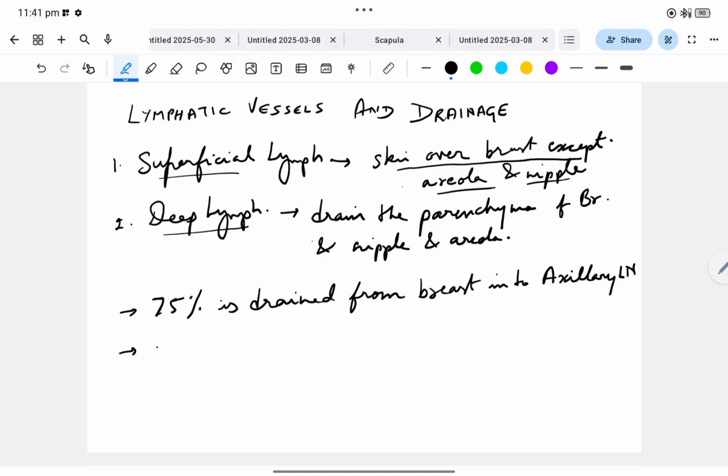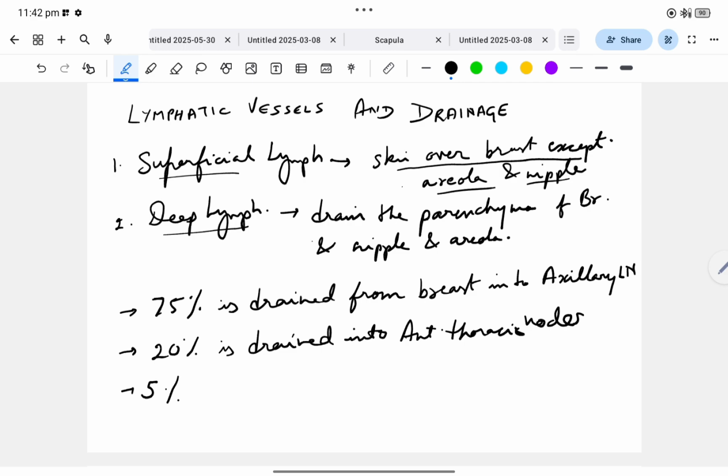Now second comes 20%, which is drained into anterior thoracic nodes, and the remaining 5% is drained into posterior intercostal nodes.